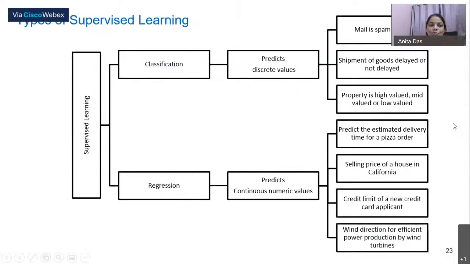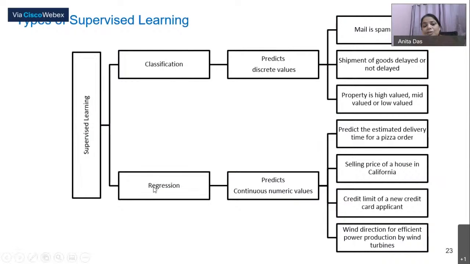If we talk about supervised learning, we mostly talk about two techniques, classification and regression. Both are predictive in nature. Classification predicts discrete values, while regression predicts continuous values. For example, in discrete problems, we can say whether a mail is spam or not, yes or no, whether a patient is diabetic or not, yes or no. Those are discrete variables.